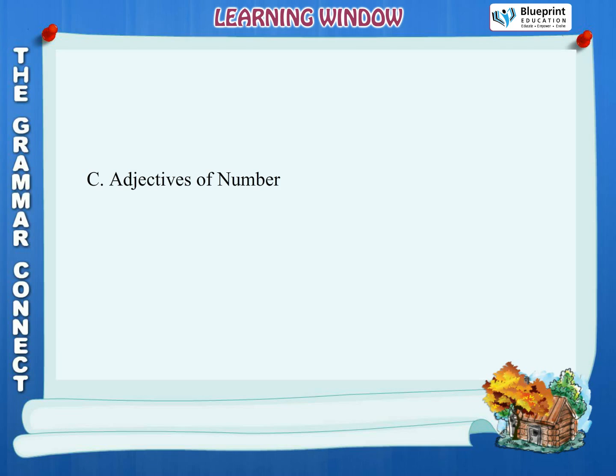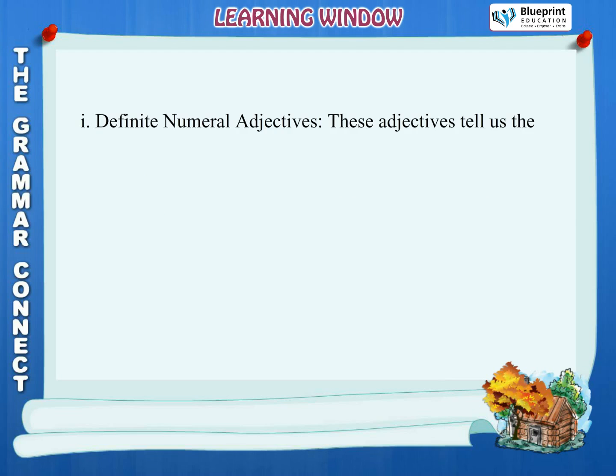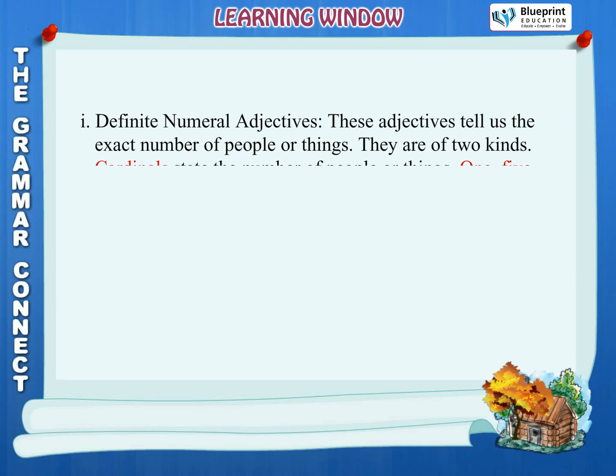C. Adjectives of number. These adjectives tell us how many people or things are being talked about. They answer the question, how many? Adjectives of number are of 3 kinds. 1. Definite numeral adjectives. These adjectives tell us the exact number of people or things. They are of 2 kinds.